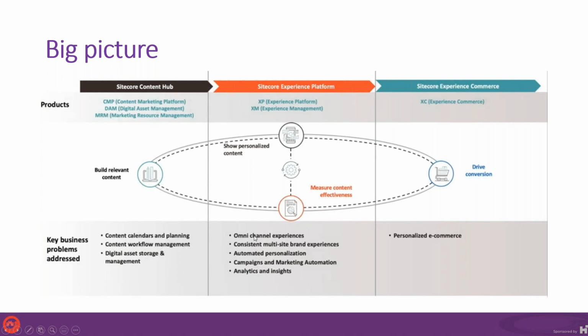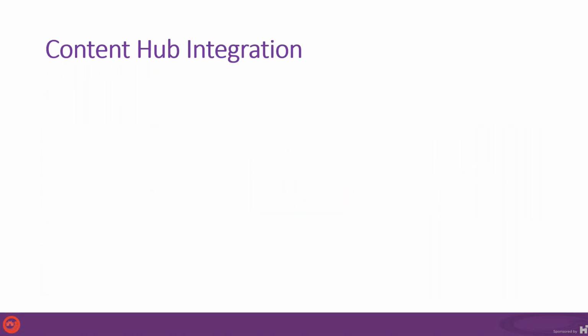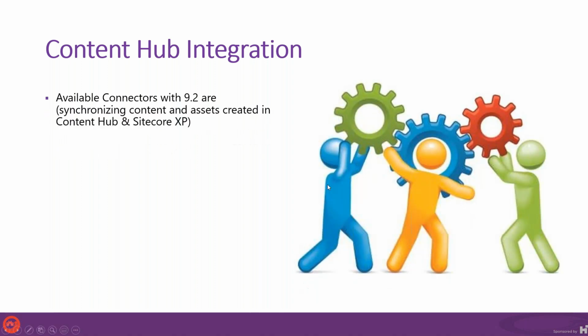Okay. So moving on. Till now we have seen what Content Hub is, what it is and what modules it has. And now in 9.2, what has been done for it? As part of 9.2, Sitecore started integrating with the Sitecore Content Hub for the first time.